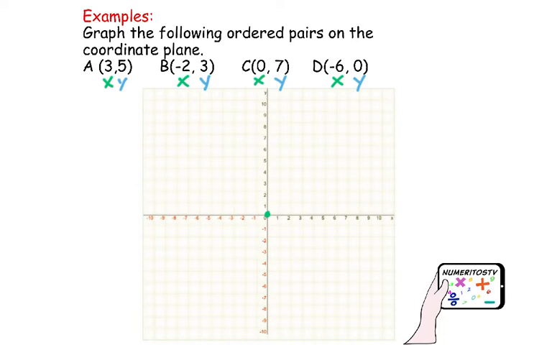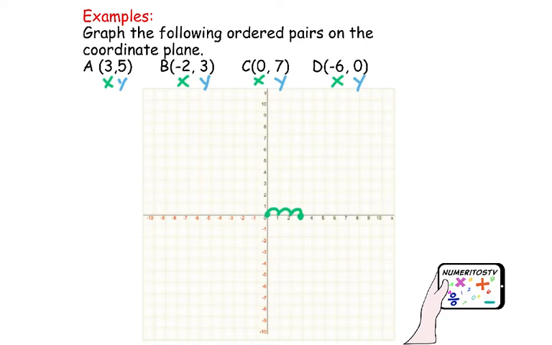So A is (3, 5). So starting from 0, my x movement is positive 3. That means that I am going to jump 3 units to the right from the origin. 1, 2, 3. Remember that each square represents a unit. So now my point is here on 3 on the x-axis.